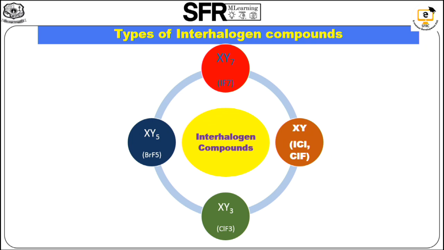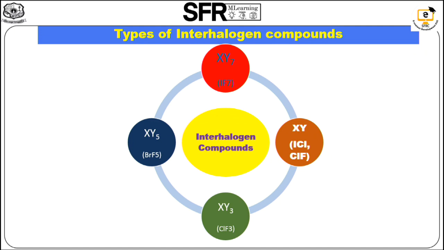Now we see the types of interhalogen compounds. There are four types available. The first type is XX', whose general formula is XX'. Examples are ICl and ClF. Similarly, the XX'3 type is also possible.